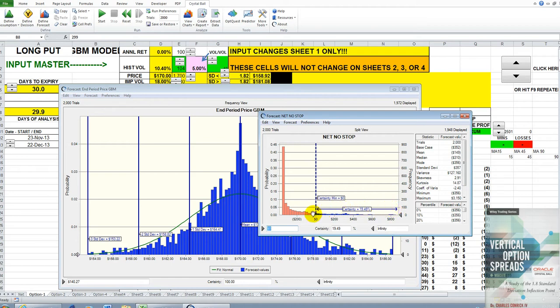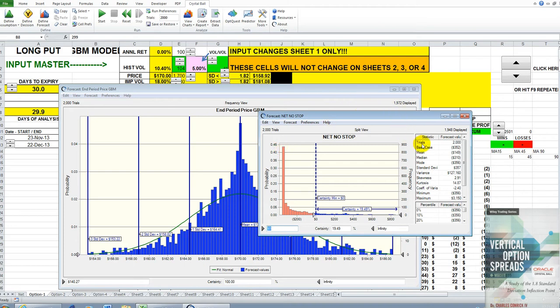But you'll also notice that we've got about a 43% chance of losing all of our money, which was the $356. One option controls 100 shares, so a 3.56 price would cost you $356 to get in.